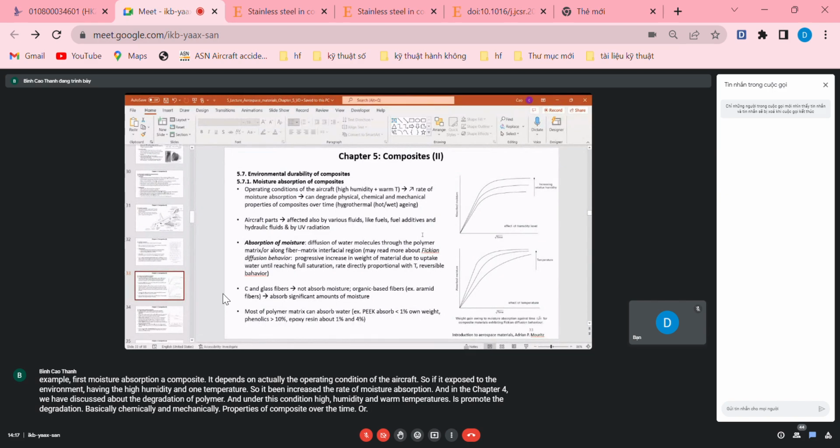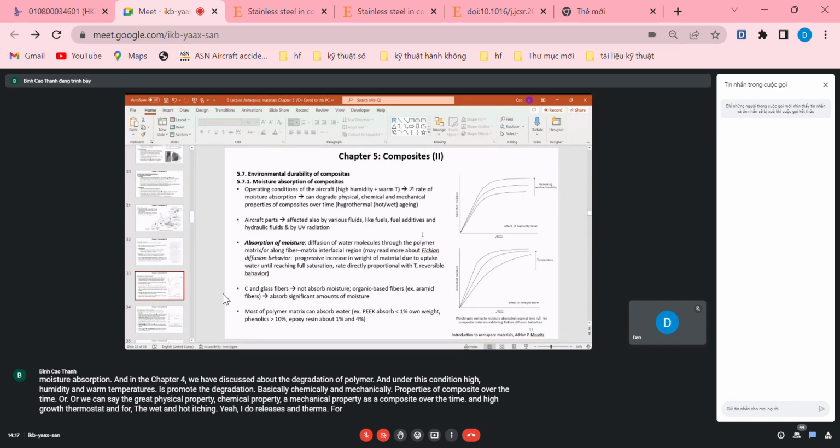Or we can say they degrade the physical property, chemical property, and mechanical properties of composite over time. This is known as wet and hot aging, hydrolysis and thermal.